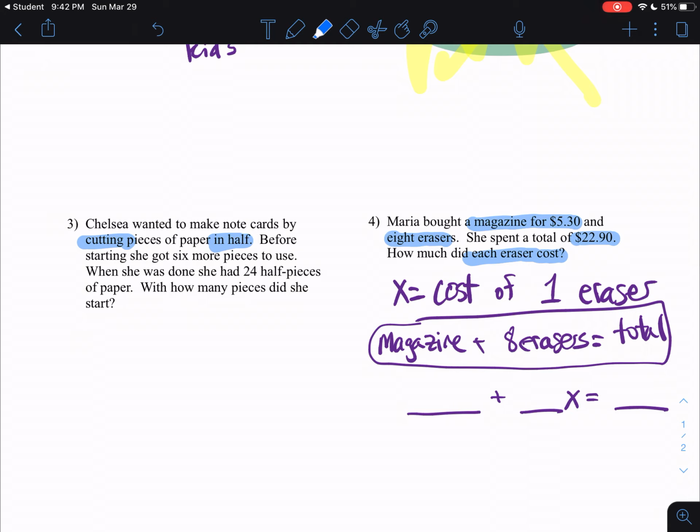Before starting, she got 6 more pieces to use. When she was done, she had 24 half pieces of paper. With how many pieces did she start? So if we break this down, first, let's identify what we don't know. We need to know how many pieces she started with. So X equals paper started with.